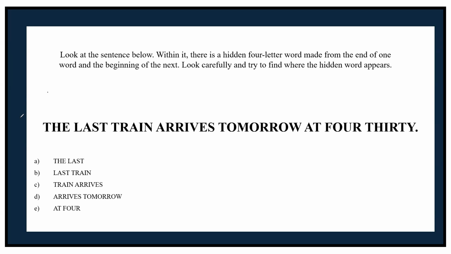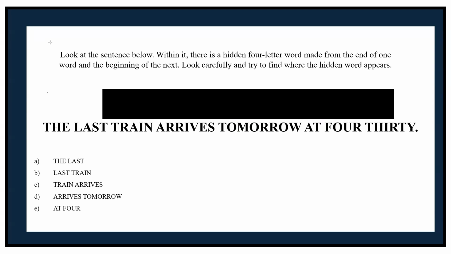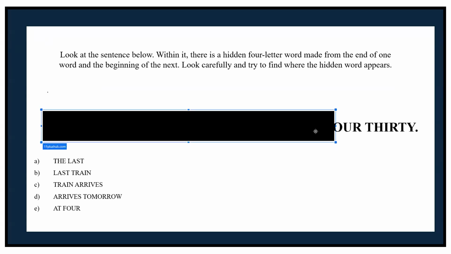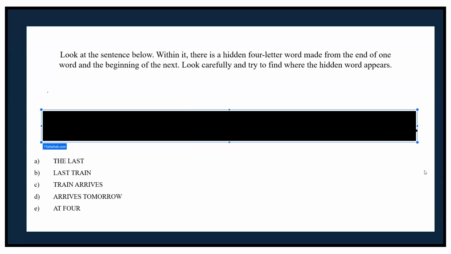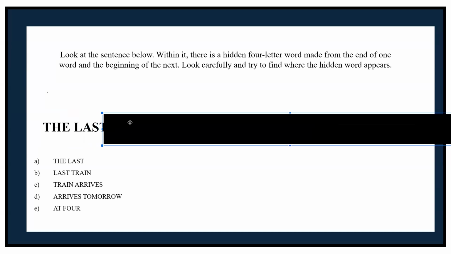Now, when you're quite new to this, one technique that works for some people is to use a ruler or something rectangular. What you can do is cover the entire sentence and then drag that ruler like this until you notice a four-letter word. So our next word, last, I'm going to check to see if AST and then the next letter, ASTT, makes a word, and it doesn't, does it?